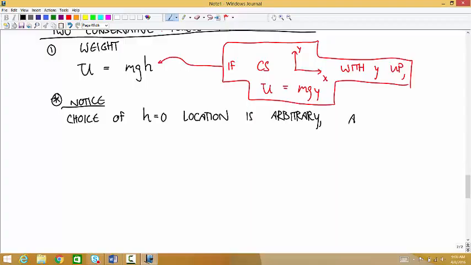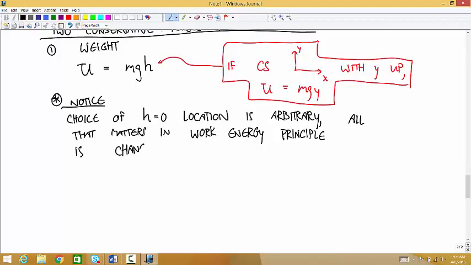So all that matters in the work energy principle is the change in height during the problem.